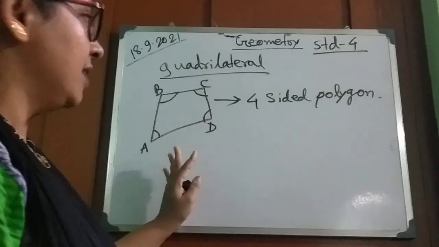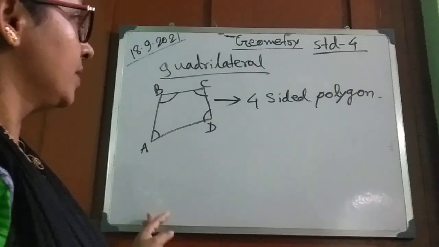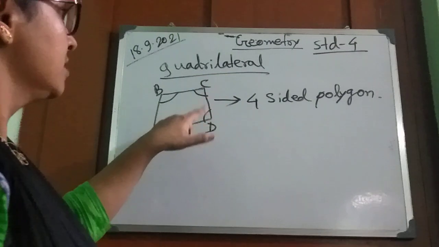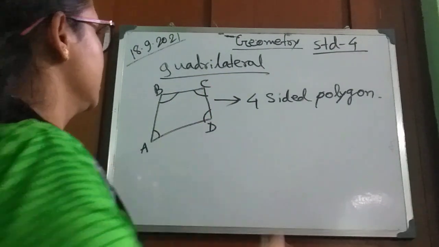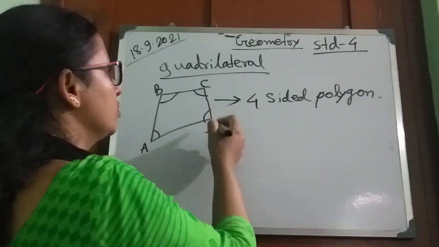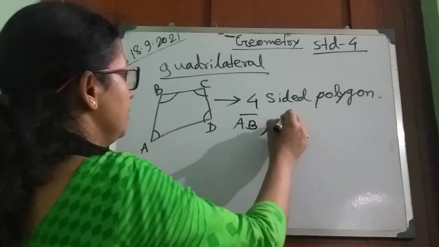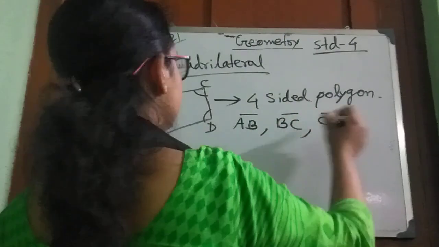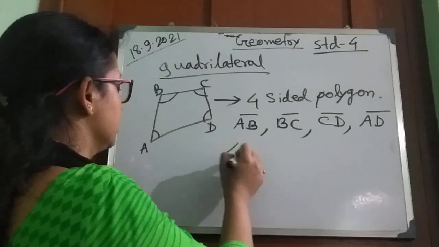Don't give a haphazard name, you have to mention the order. This is one four-sided quadrilateral, and it has four line segments or four sides. Which are the four sides? AB, BC, CD and AD. These are the four sides, and four angles.